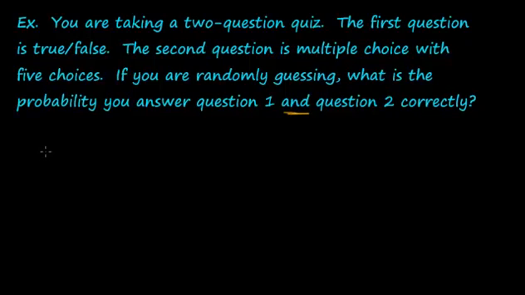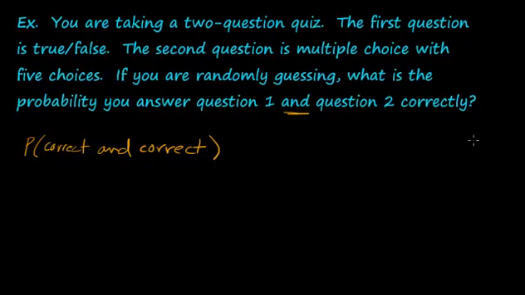And that tells us this is the multiplication rule. It doesn't say or, it says and, that key word. Okay, so we want the probability that we're correct and correct. Those are the results for question 1 and question 2.